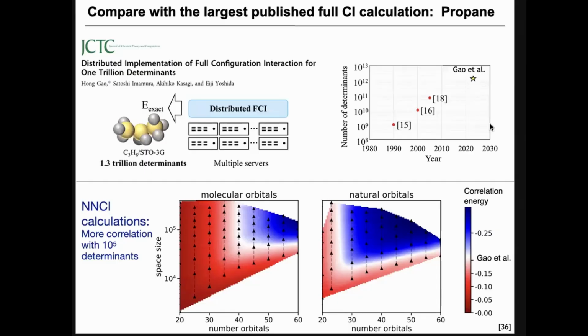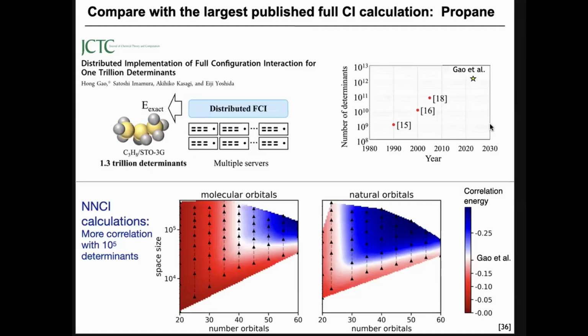We are doing this with neural network CI, and already with 10 to the 5 Slater determinants, we're beating them. The white line is the correlation energy reported by Gao, and the blue is where we exceed them. We've gone beyond the correlation energy found by a selective CI. So we have more orbitals, but far fewer Slater determinants, 10 to the 5 instead of 10 to the 12.